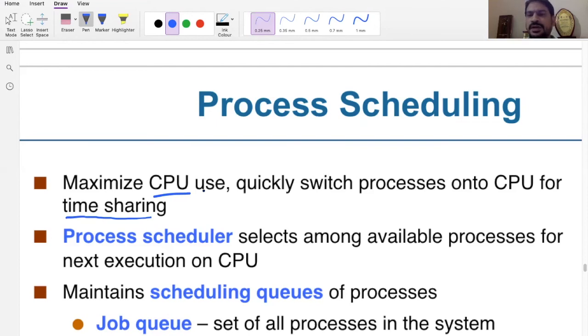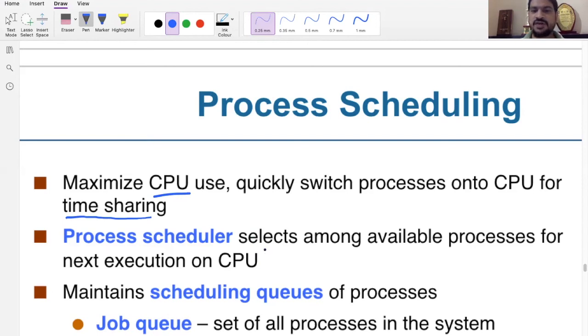Program 1 will execute its instructions for 2 milliseconds, then come out and be in the ready queue. P2 will come into the CPU for 2 milliseconds, then come back to the ready queue, then P3 will come. In this round robin fashion, we can implement a multi-programming operating system.